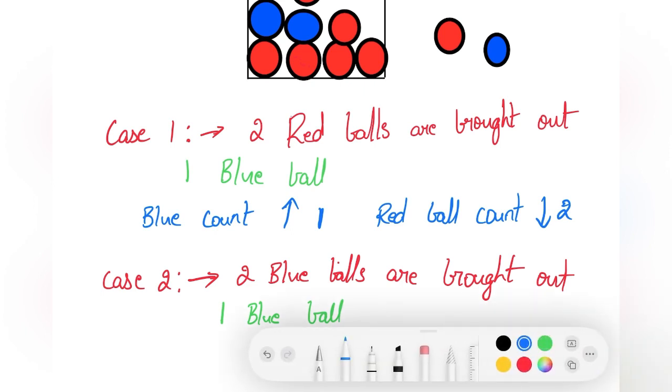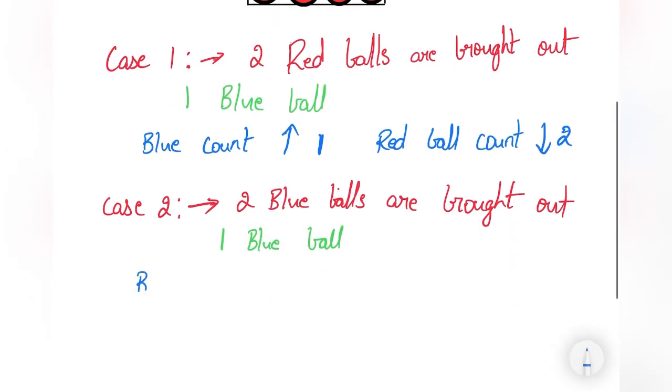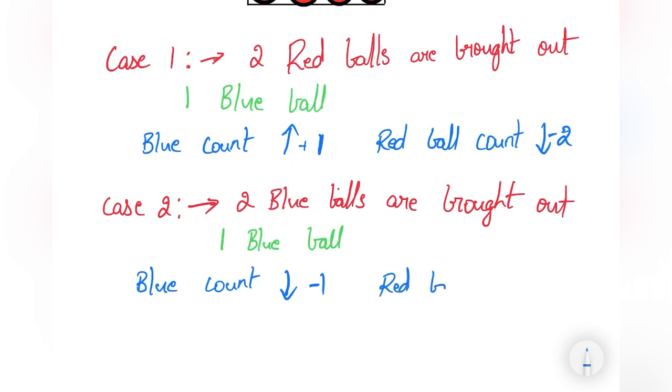In that case, what is happening? Blue count decreased by 1. Let me write -1 here, +1 here, -2, and the red ball count remains the same.